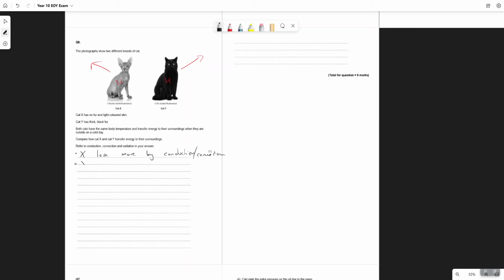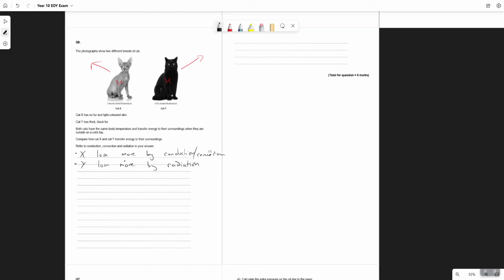Okay, Y will lose more by radiation. So this is the two things. We've got to think, why is X going to lose more by conduction and convection? And why is this one going to lose more by radiation?